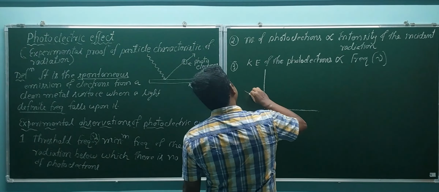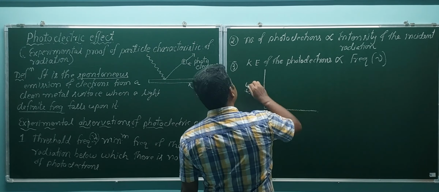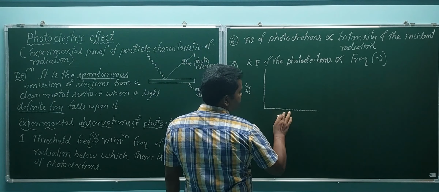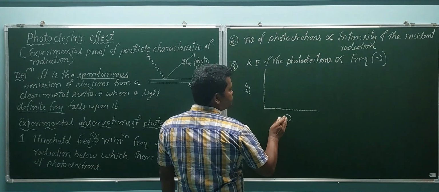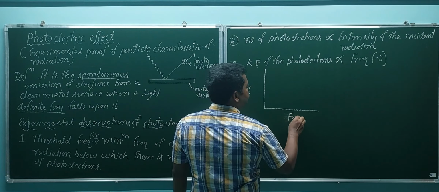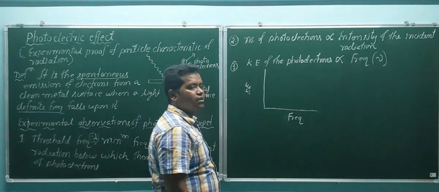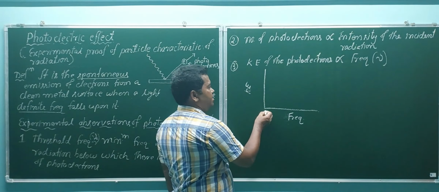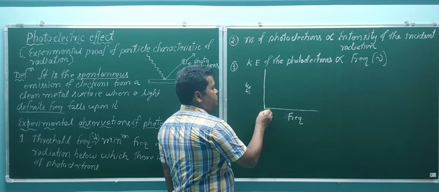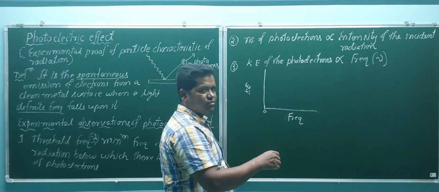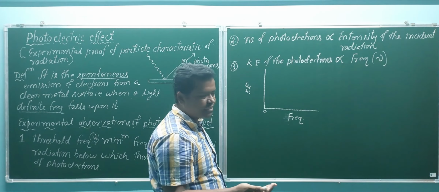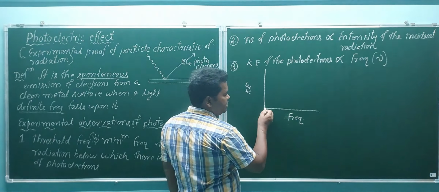Suppose this is the kinetic energy of the photoelectron and this is the frequency. Now you see, if the frequency lowers, there is zero frequency, no photoelectron will be there. So there should be a minimum frequency.